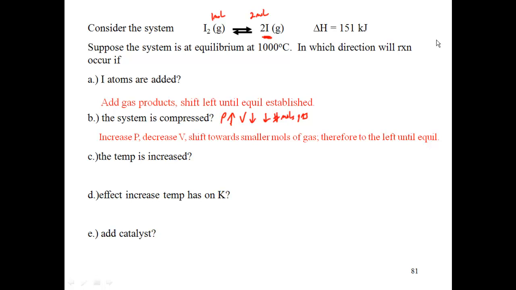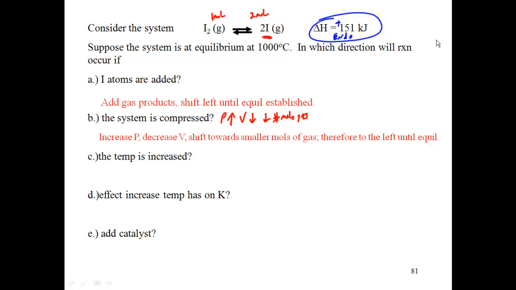The temperature is increased. If I want to talk about temperature, I need to know if it's an exothermic or endothermic reaction. Did this problem tell me that? Not directly, but it did give me delta H equal to 151 kilojoules, which is a positive value. Since it's a positive 151, that means it's an endothermic reaction. We said if it's an endothermic reaction, we can treat heat as a reactant, since it's absorbing heat.